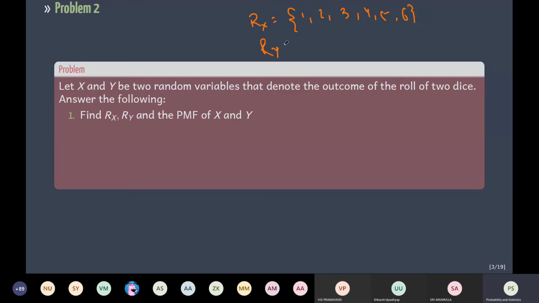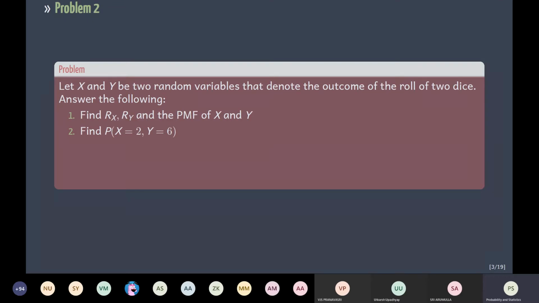And similarly, range of y will be the same because they are the roll of the dice only. So the first question is done. Next, find probability that x is equal to 2 and y is equal to 6.